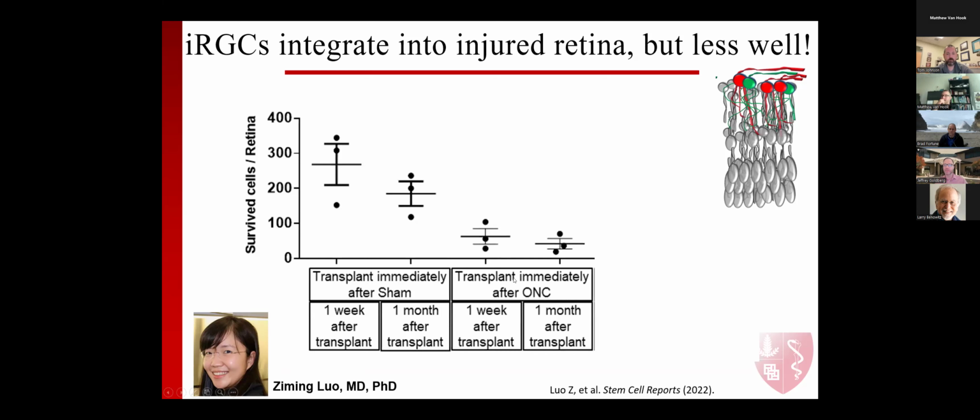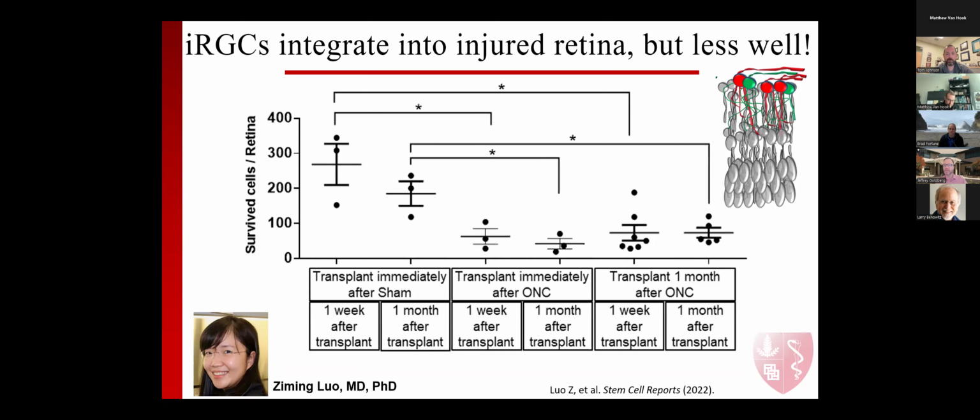But then really, if we transplant the cells immediately after optic nerve crush, using that as a very profound injury model, optic neuropathy model, again, you can see many fewer cells successfully integrating. In these experiments, when Ziming and the group waited to look a month after transplant, maybe it was marginally better, but not statistically significantly better than 1 week after, or than transplanting immediately after optic nerve crush.